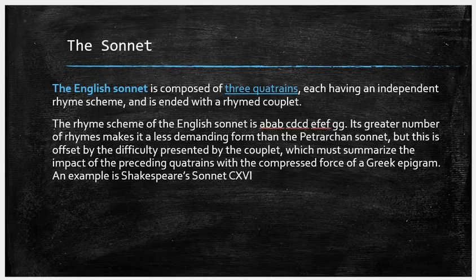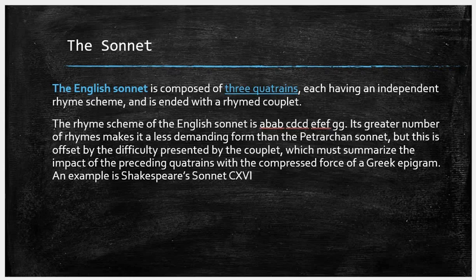However, the difficulty lies in the couplet with its concentrated idea connected to the 3 stanzas. We should not forget to mention that the Shakespearean or the English sonnet follows the iambic pentameter rhythm.